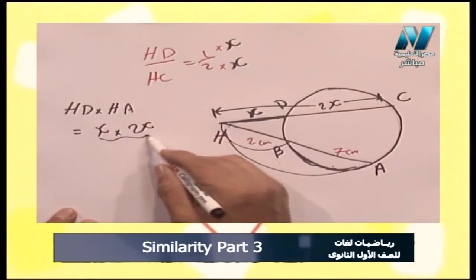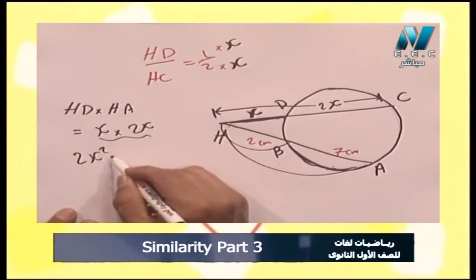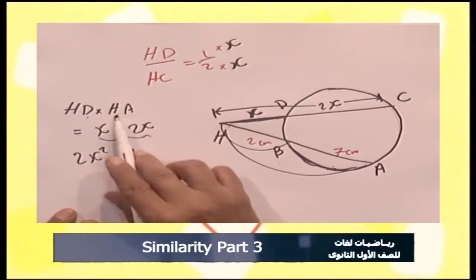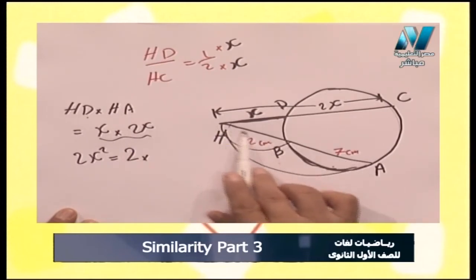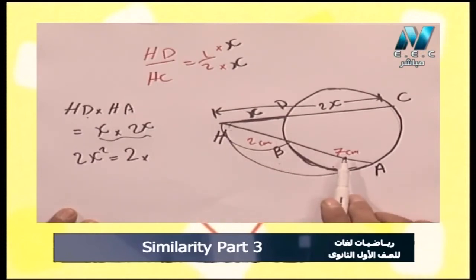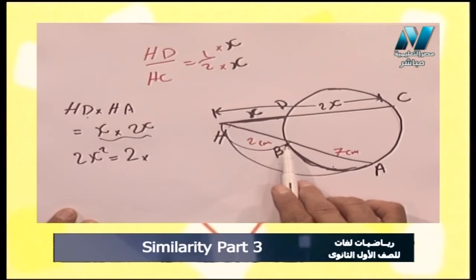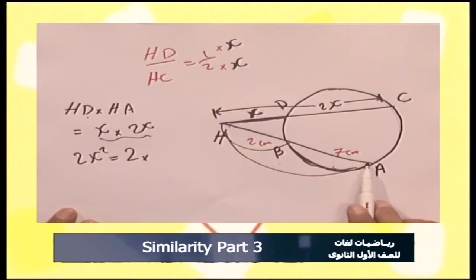So we multiply x by 2x, which will be 2x power 2, equal to HB, which is 2 centimeters, multiplied by HA, which is 9. Yes, 9, not 7, because it's a common fault for some pupils that they get 2 and after that they say 7. No, HB equals 2 and HA equals the sum of these two sides, so it's 9.